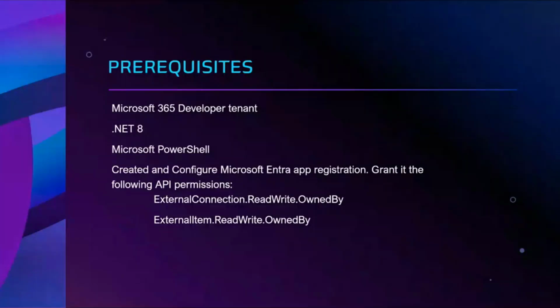For running our console app that will create the connection and the schema for us, in order for our app to run, we have some prerequisites: a Microsoft 365 developer tenant, .NET 8, Microsoft PowerShell, and the Entra app ID that I mentioned in the previous slide.